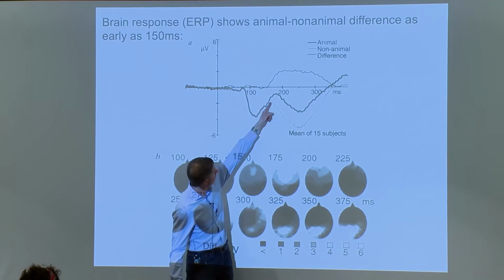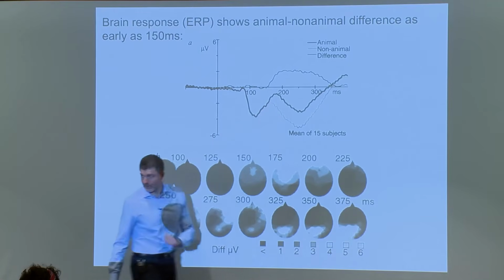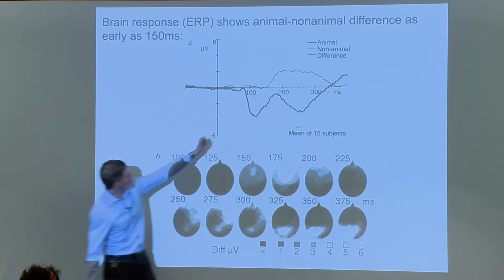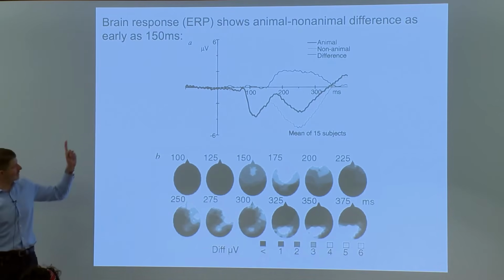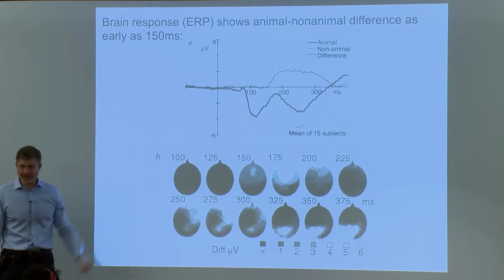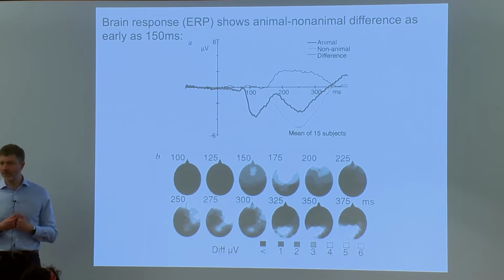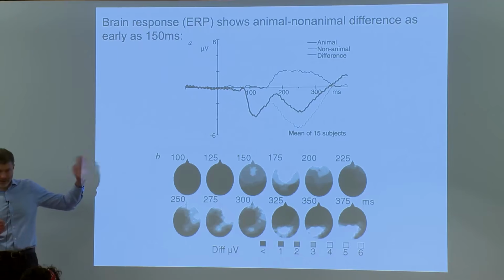At that point, the animal and the non-animal curves diverge. Okay? And so this curve up above them is the difference between the two. So you can see that that is close to 0 until about 150 milliseconds, and then you see a difference between the responses to animals and non-animals. Okay. So at 150 milliseconds, the brain is able to discriminate whether you're looking at an animal or a non-animal.